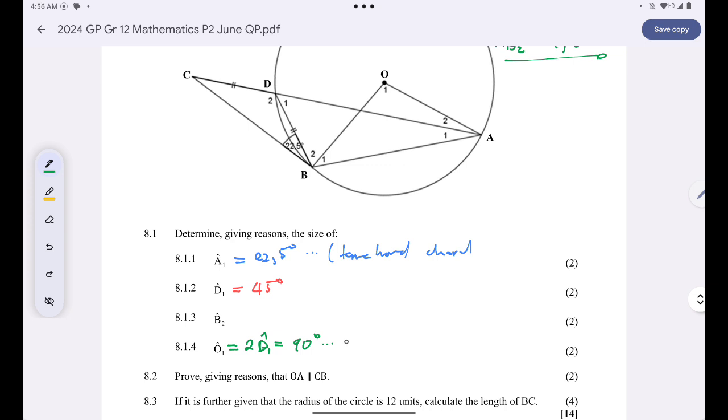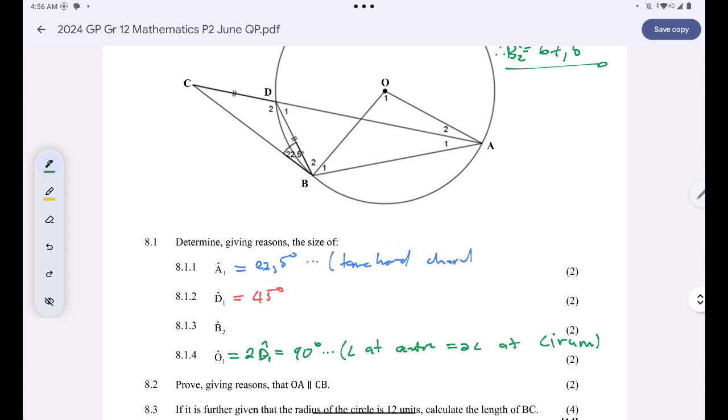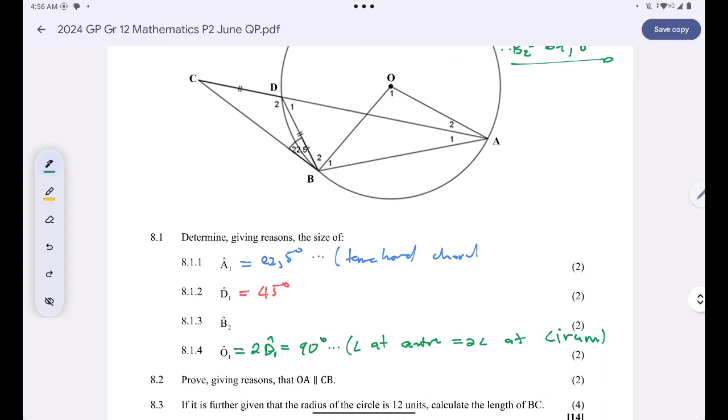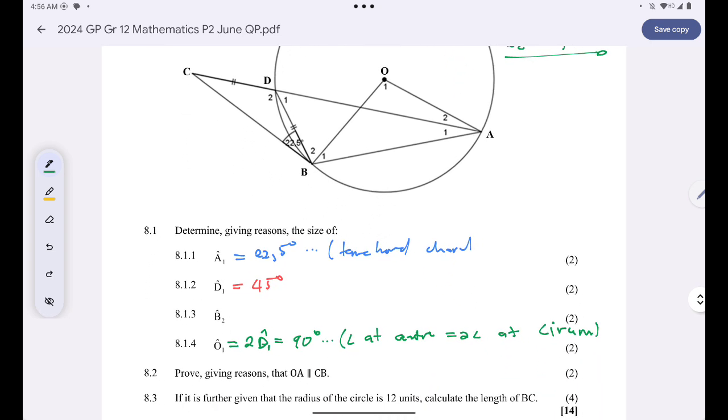And the reason behind this will just say angle at center is 2 times the angle at circumference. The angle at center is 2 times the angle at circumference. Okay, so B2 is 67.5 degrees. Let's not forget that.